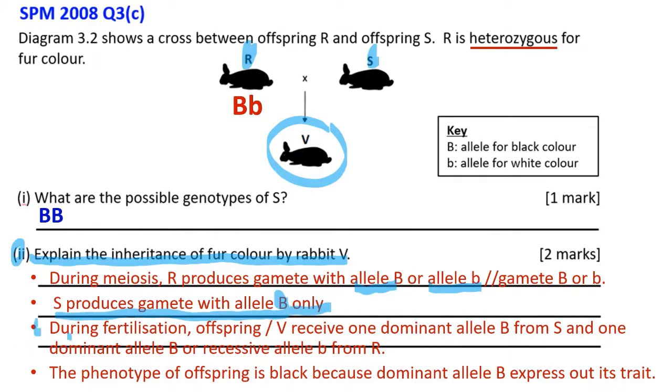Then during fertilization, offspring V will receive one allele from R, either dominant allele big B or recessive allele small b, and big B from S, so the genotype will have at least one dominant allele. So the phenotype of the offspring is black because the dominant allele big B expresses its trait.